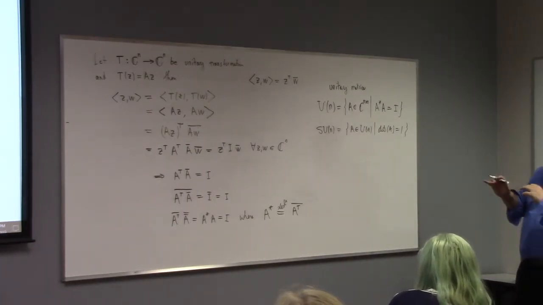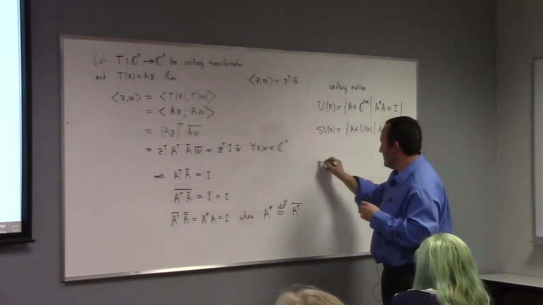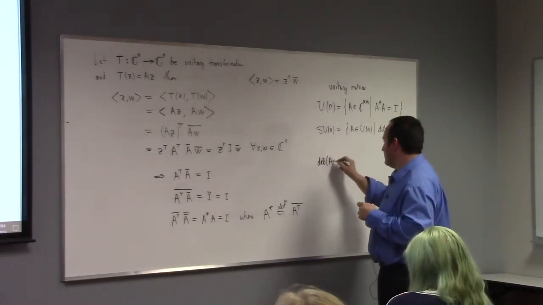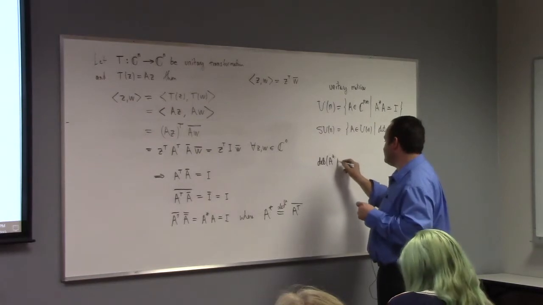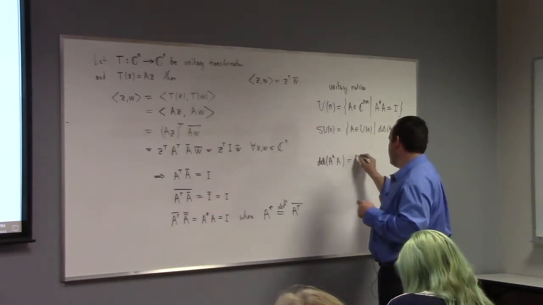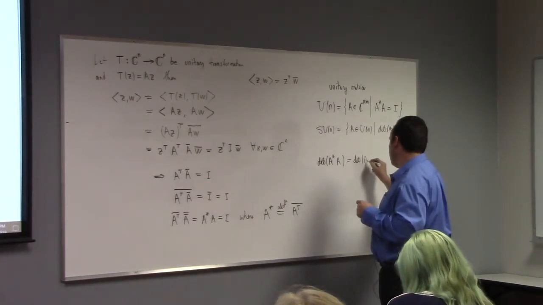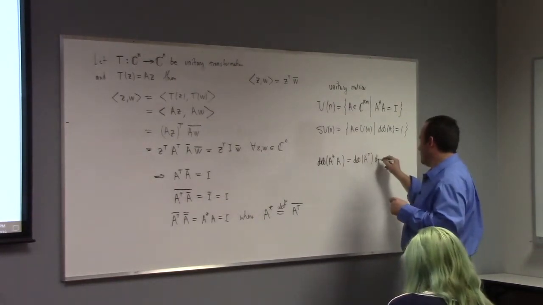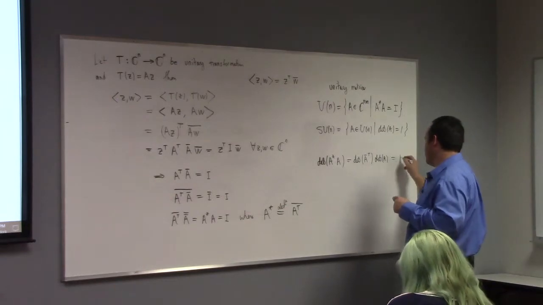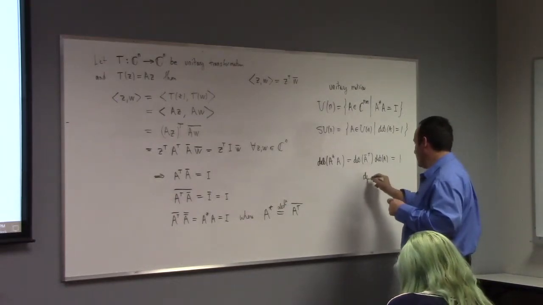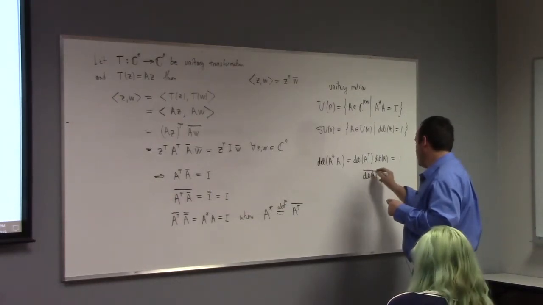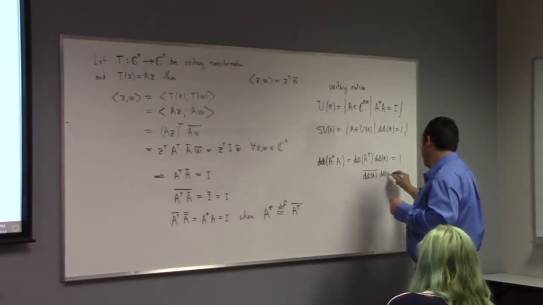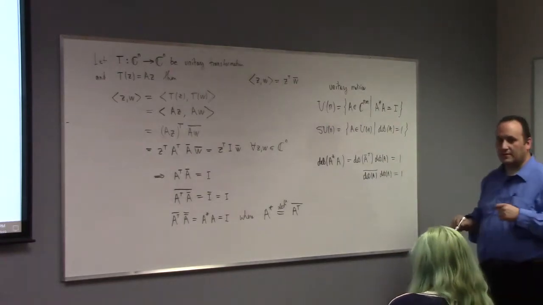What condition is there on the determinant of a unitary matrix? Well, check it out. If we take the determinant of A star A, what do you got? Determinant of A complex conjugate transpose, right? Times the determinant of A equals 1. But this gives us the determinant of A complex conjugate times the determinant of A equal to 1.